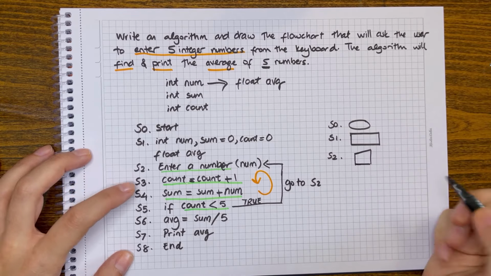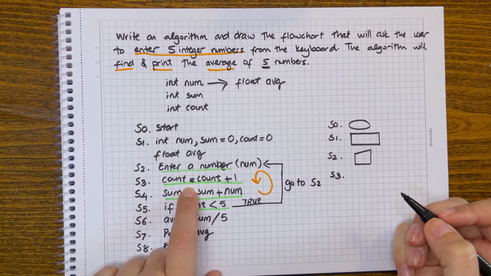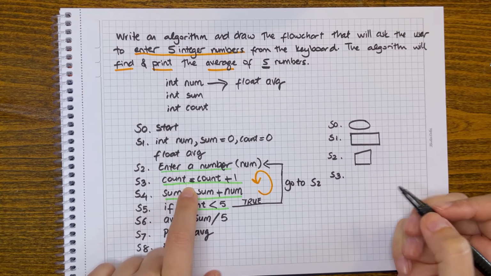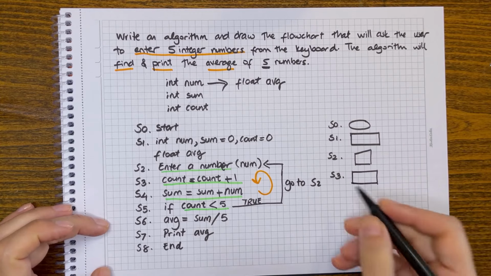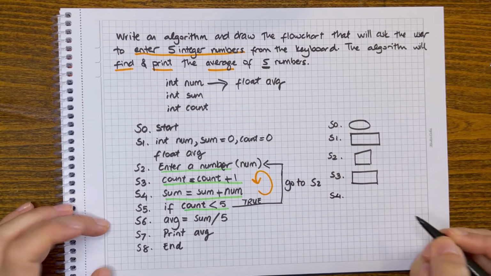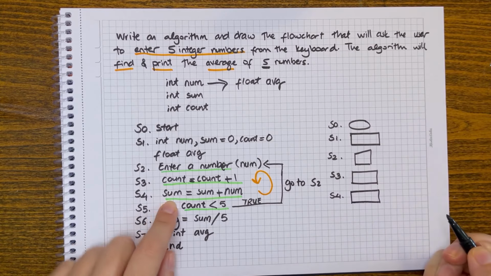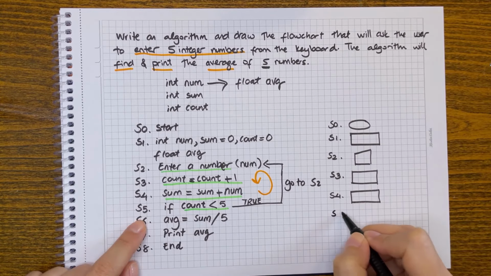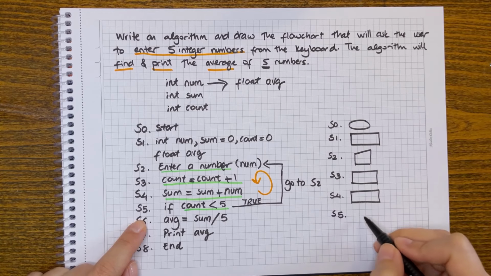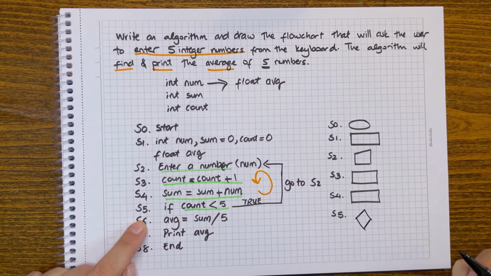Step number 3, we have a count incrementation in here, increase the count by 1. So this is a rectangle, mathematical calculation. Step number 4, summation, is a mathematical calculation, another rectangle. In step number 5, we have the decision statement, and the diamond shape will be used in here.